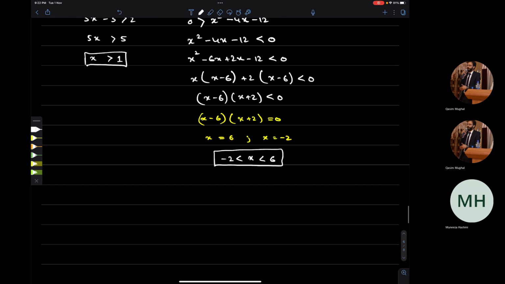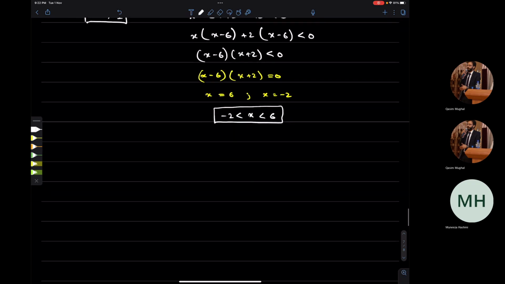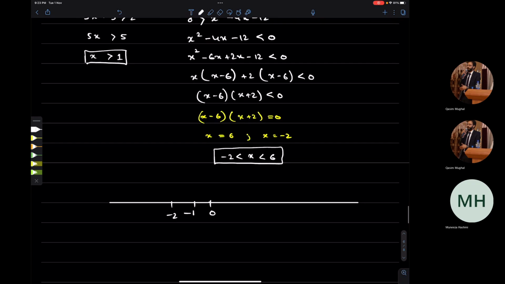All right, now I'm going to combine the two solutions together. In order to do that, I'm going to take the help of a number line. So let's draw a number line here. 0, minus 1, minus 2, 1, 2, 3, 4, 5, 6.